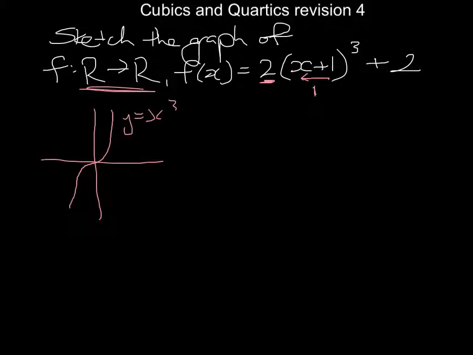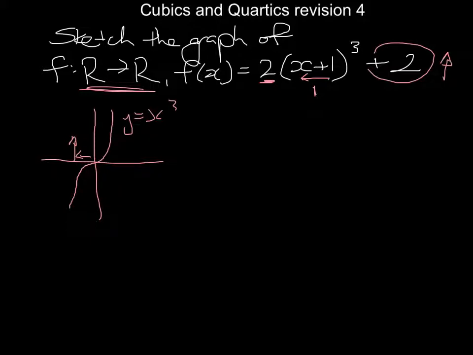And we have another translation here which will shift it in the positive direction of the y-axis by 2, or shift it up by 2. So we can take our graph of y equals x cubed, and it's going to go left by 1, and it's going to go up by 2.